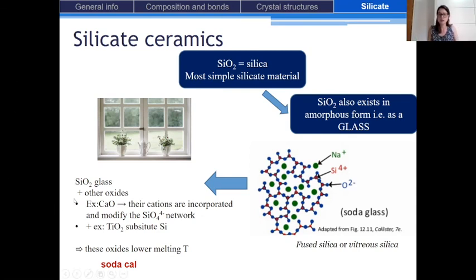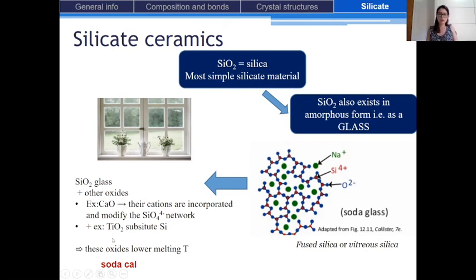In fact, we add a small amount of other oxides, such as calcium oxide. Their cations are incorporated into the tetrahedron network, and it modifies it, so it hinders the ordering of this silica network, as you can see on this scheme.